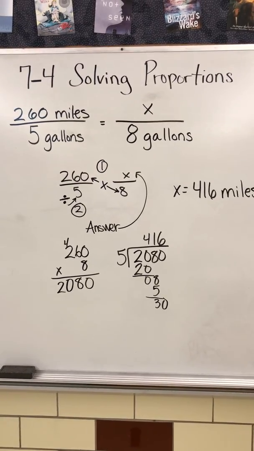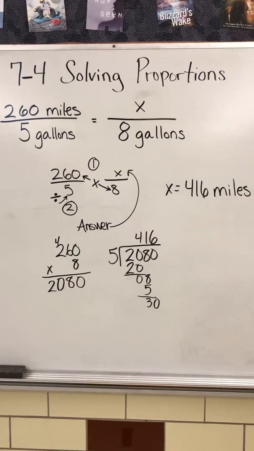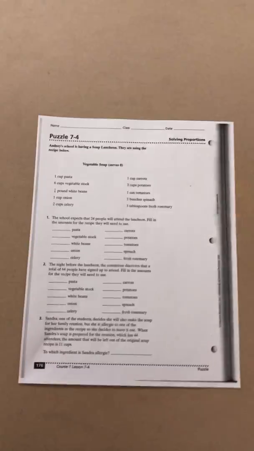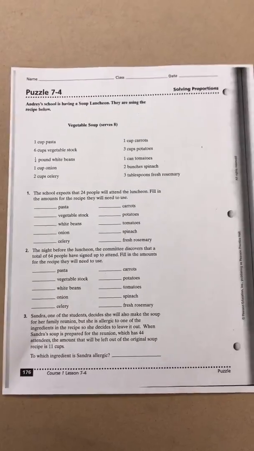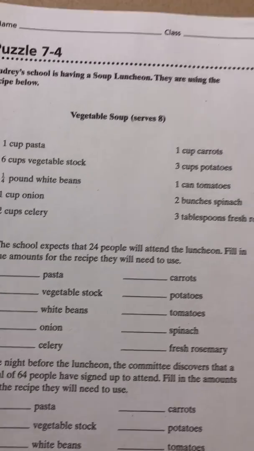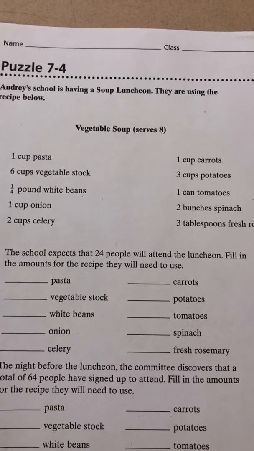Today we're going to continue to work with solving proportions, and I have your 7-4 for you. And so as you look at it here, there's recipes. Aubrey's school is having a soup luncheon. They're using the recipe below.